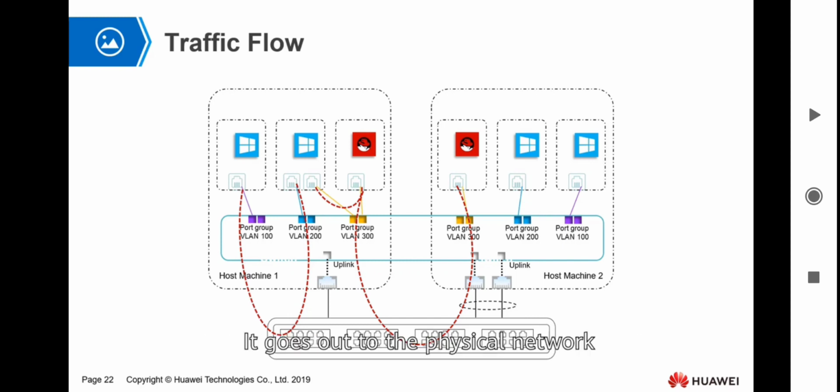If it goes out to the physical network, is there a problem with the port of the physical machine? Is there an issue with the uplink? Is there a problem with the interface of the physical server? Therefore, the traffic trend is very important. Only by figuring out the direction of the traffic and which components it goes through can you be handy when troubleshooting.